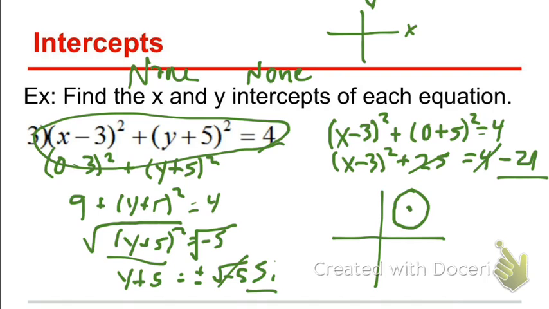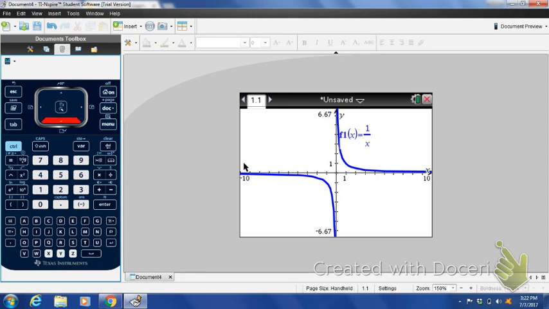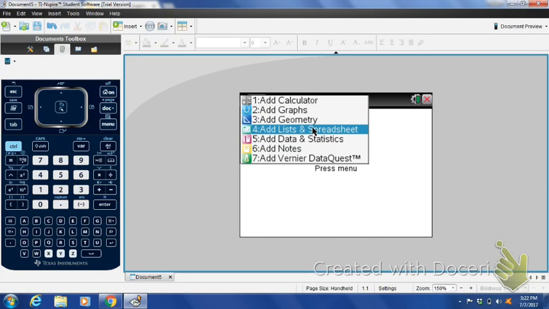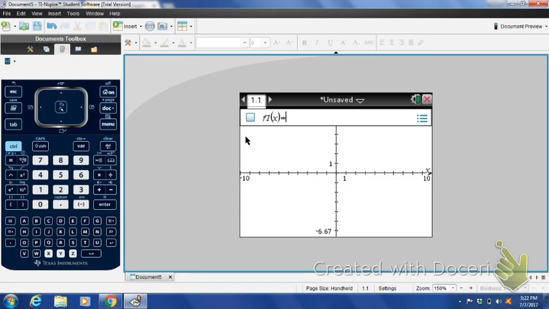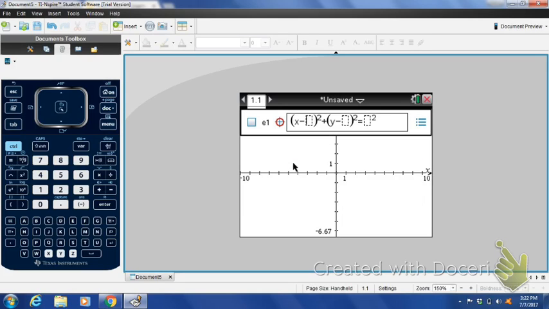If you don't believe me, I know you do, but let's just graph it on our calculators real quick. So you go home, new document, and save that, and then we're going to go graph, menu, graph entry edit, and then equation, circle, and if we type that in, we're going to do a minus negative 5 here, because it's in that form.